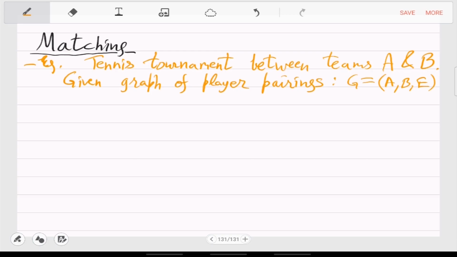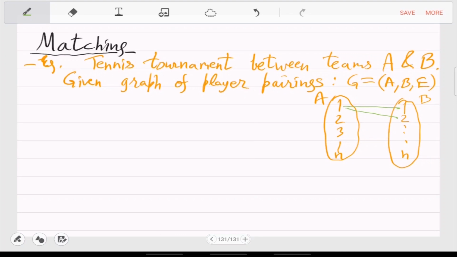Right, so it's a graph where you have players 1 to n in A and in B. And 1 can play with some people here, and 2 can play with some other people, and n can play with those. So every player in A has a analogous subset of players in the other team.